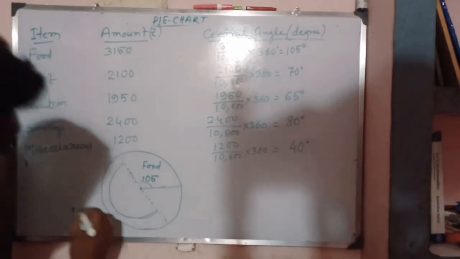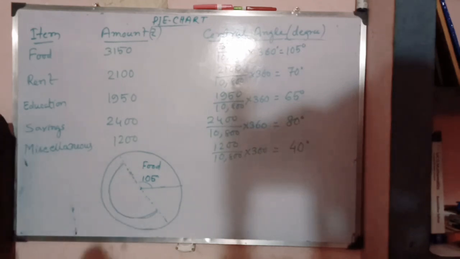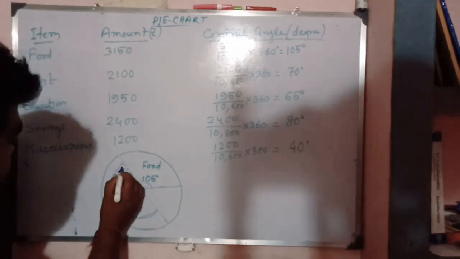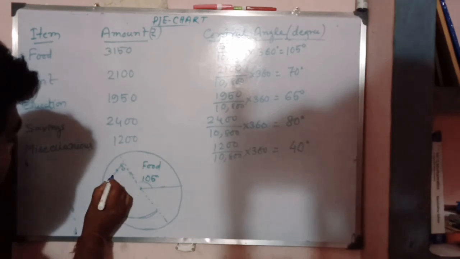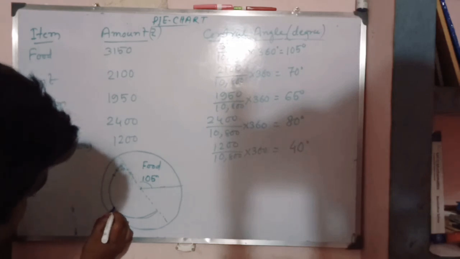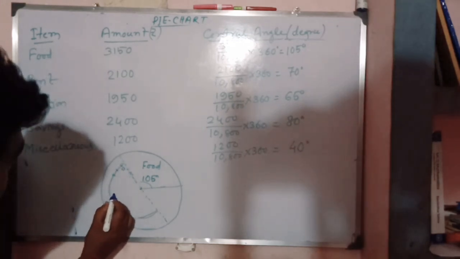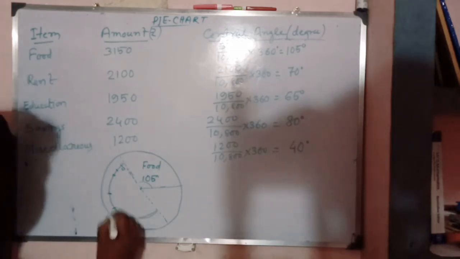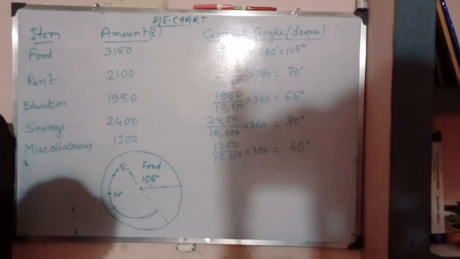Hope you understood. So this is 0 degree, this is 10 degree, 20 degree, 30. From here, this comes 90 degree of the protector, and this comes 70 degree. This comes 70 degree, as you can see.